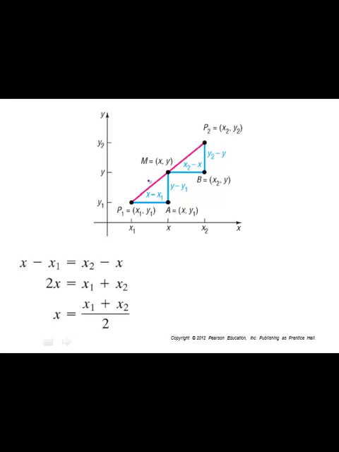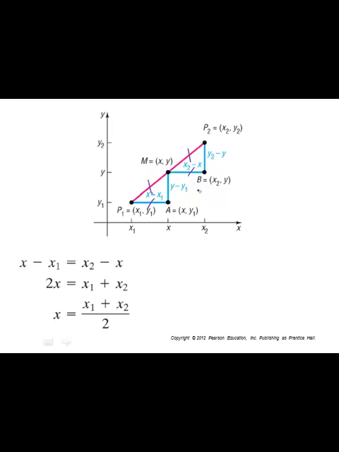And the length of this line segment here is going to be the same as the length of this line segment, which is the same thing as saying that this horizontal line segment here is the same as the length of this horizontal one right there.